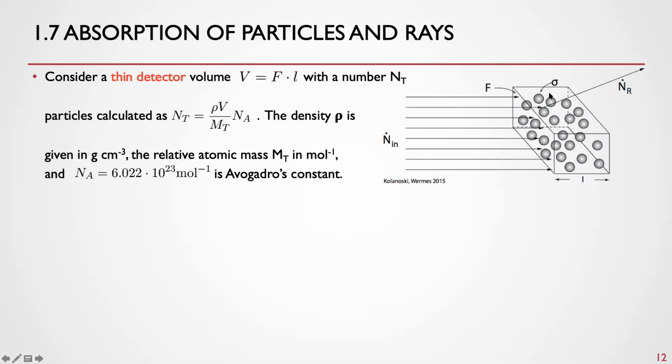And we view this sigma as a geometric cross-section, so as, for example, the diameter of a hard ball from which the incident particles are either scattered or penetrate. So the detector volume is V equals surface area times length, with a number of particles nt. Now let's do a small calculation.